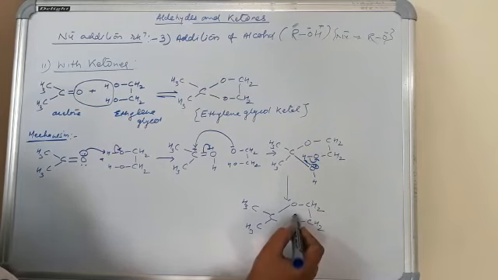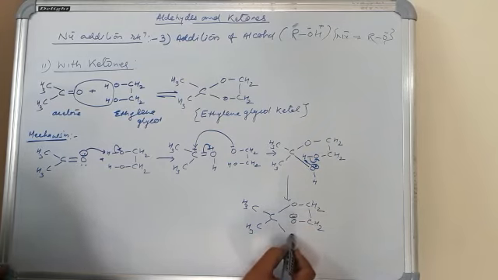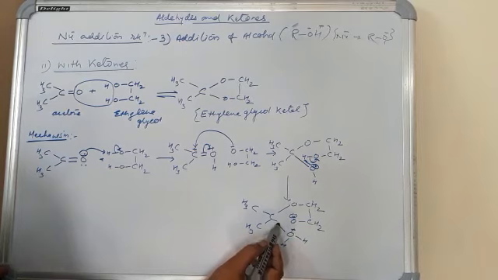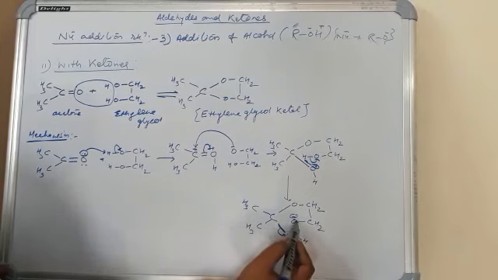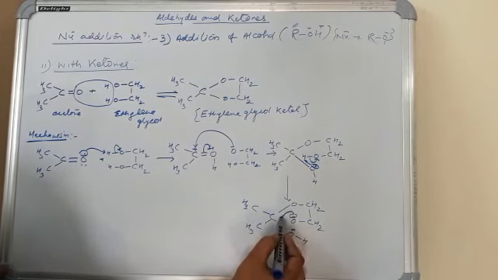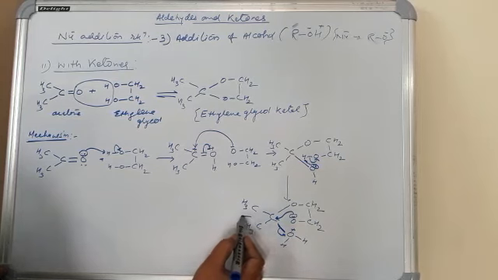Negative charge appears on the oxygen, and this oxygen is attached to two protons, so positive charge appears on this oxygen. So this bond shifted towards the oxygen. Simultaneously, negative charge attacks this carbon.